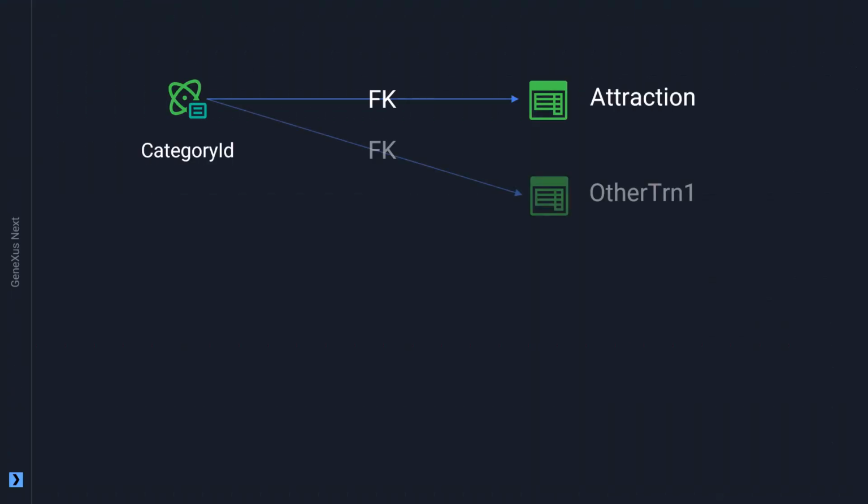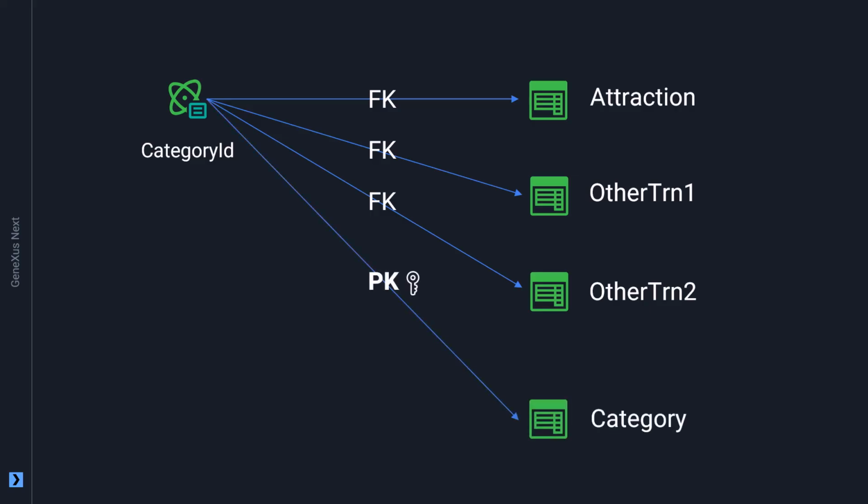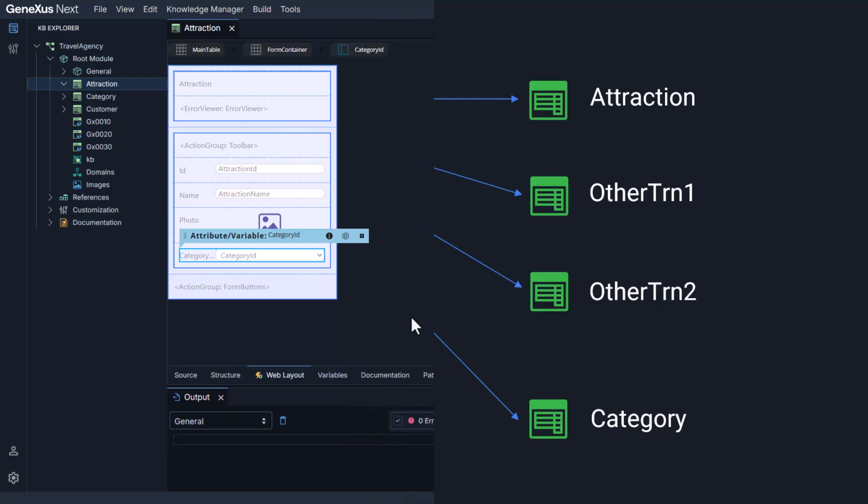If, in addition to attraction, we had other transactions where category ID is a foreign key, it would make a lot of sense. However, we must be careful with the category transaction, where the attribute is a primary key. In that case, it should not be a dynamic combo box.